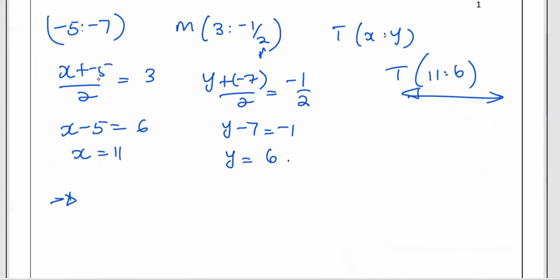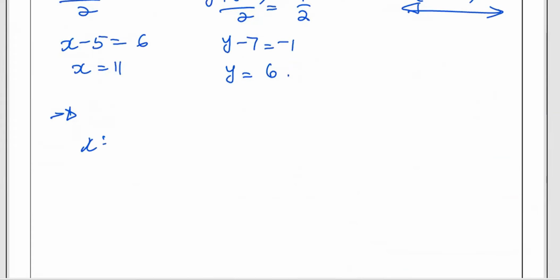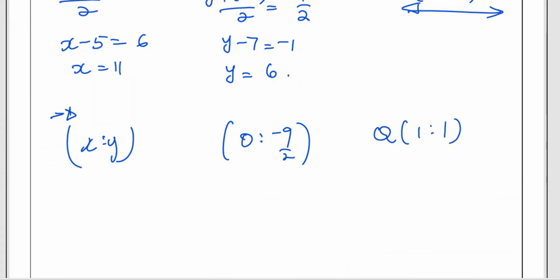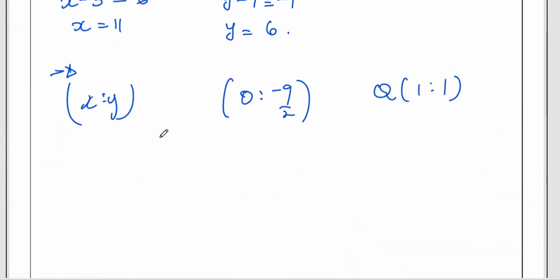So I'm looking at another approach, again where we have (x, y). The midpoint we said is (0, -9/2), and then our Q was (1, 1). So let's do the midpoint formula. (x plus 1) over 2 must give us 0, meaning that our x is -1.